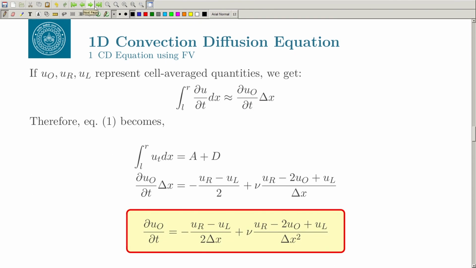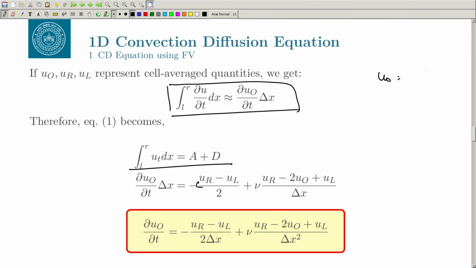So if you combine these two, write C here. We are saying that I am using a cell average value. So basically whatever value you have, u_0, it is basically the average of u into dx, and then 1 by delta x, right. If you use this relation, then you can basically take the del by del t out, and this becomes del u_0 by dt, and minus C (u_r - u_L)/2 plus this is what we got, and finally, if you arrange it properly, it will become like this, right.